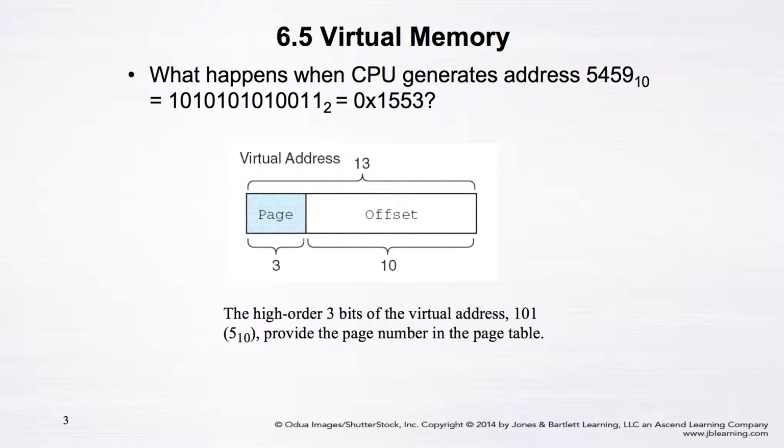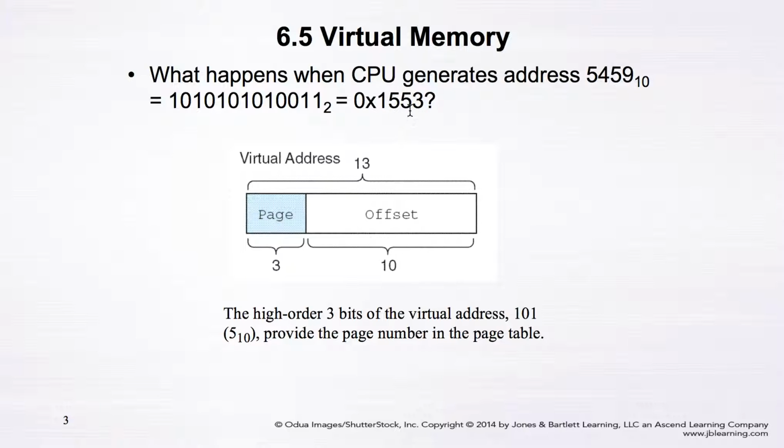So when the CPU generates the address 5459 in decimal, the address in binary representation is going to be 13 bits, and you can see the hexadecimal here as well.